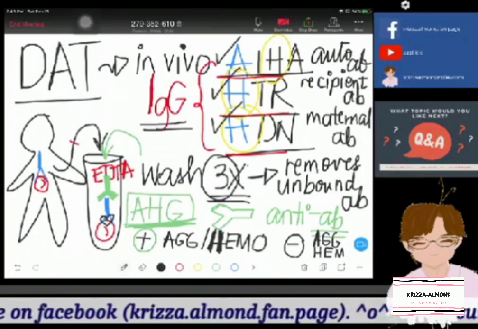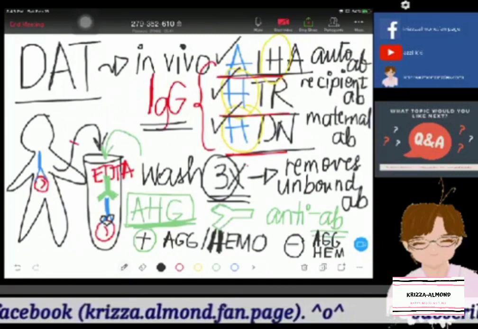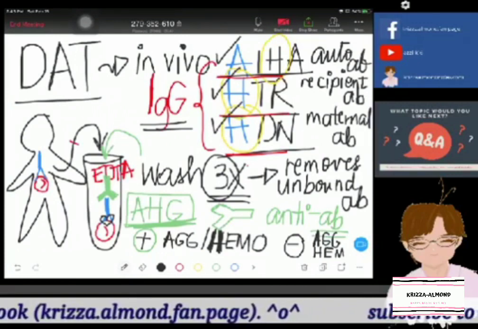They do not cause direct agglutination. So when we collect whole blood from the patient using anticoagulant EDTA, we will not see agglutination right away.